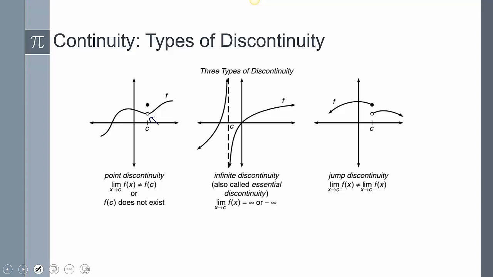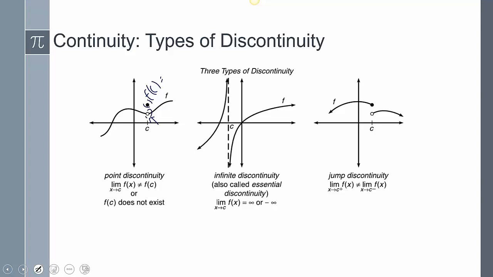Now, the limit may exist, but the value of f of c does not equal it. So the value of f of c does not equal the value for that limit, because the value for the limit is here, even though the value for f of c is there. So that third condition is not met, so therefore that's why we can say it's discontinuous.